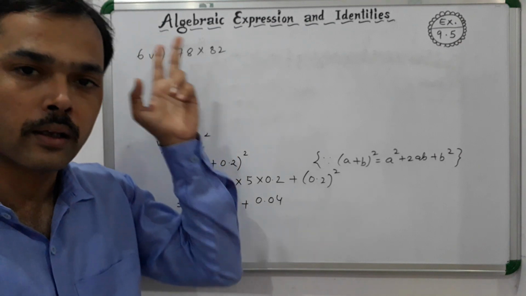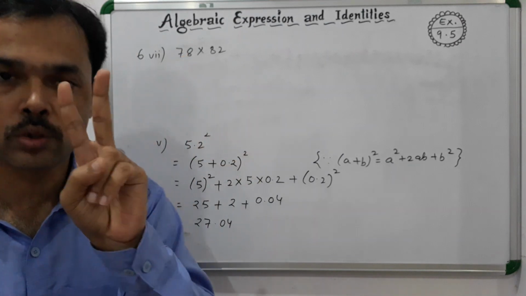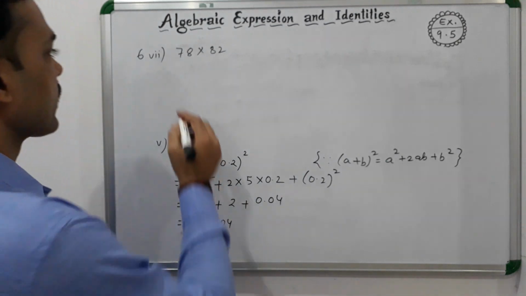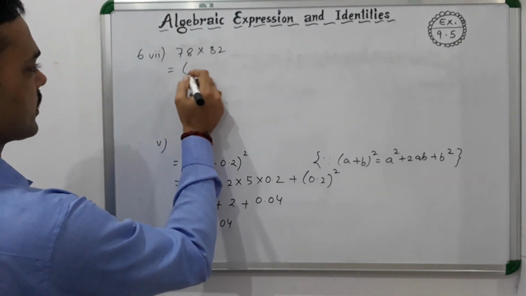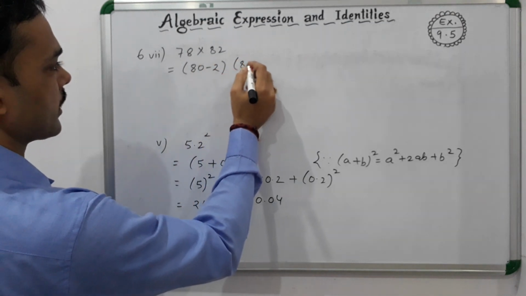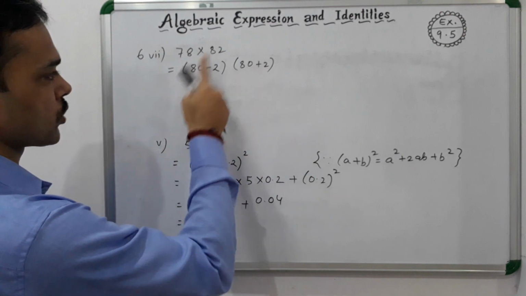You are correct. You are observing that 78 is 2 less than 80 and 82 is 2 more than 80. That is why we can write this as 80 minus 2 and this as 80 plus 2. That is in the form of a plus b into a minus b.